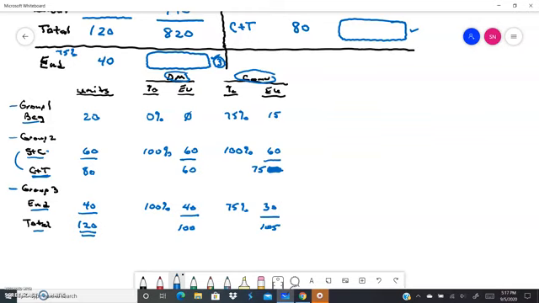So if you just looked at direct materials, you could see that our total for all three groups was 100. If we were to allocate our costs, you could see that we would allocate zero of the costs for direct materials incurred.